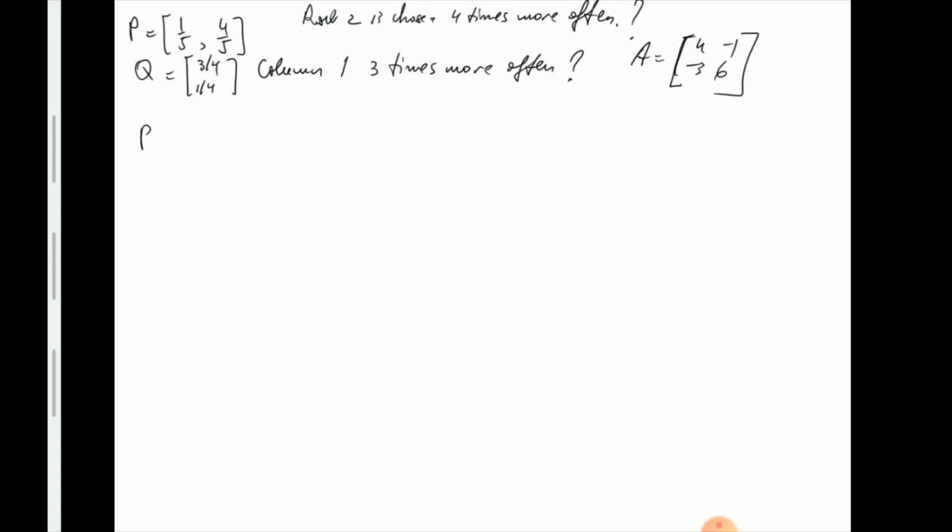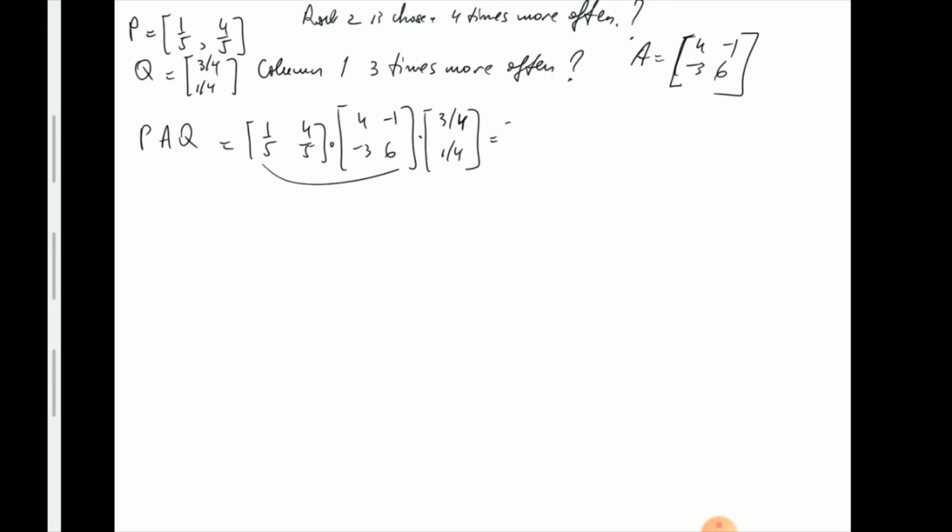So let's compute the value of the game, PAQ. 1/5, 4/5 times the payoff matrix, times 3/4, 1/4. There are 2 multiplications, so you have to perform them one by one.